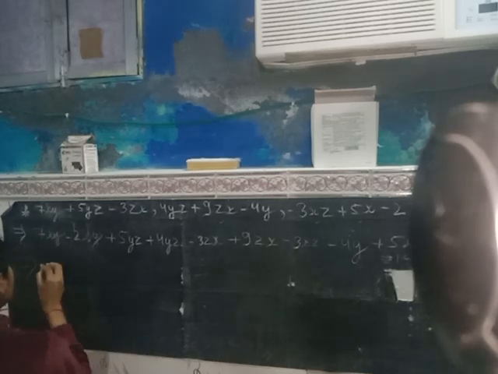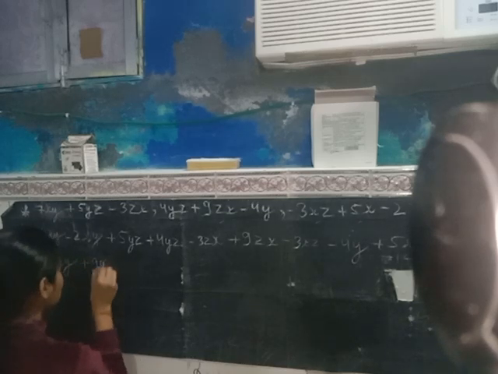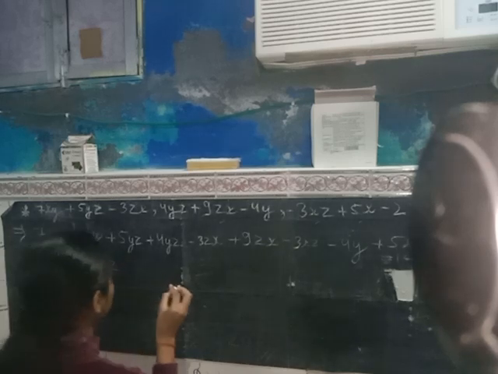So plus minus minus, so 5xy. Plus plus plus 9yz, 4 plus 5 is equal to 9.